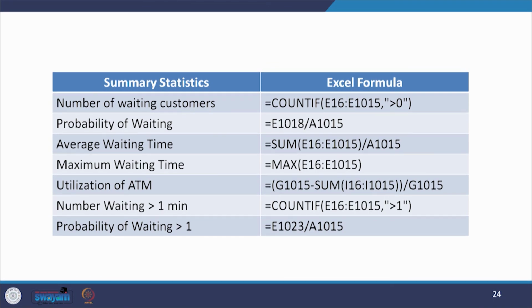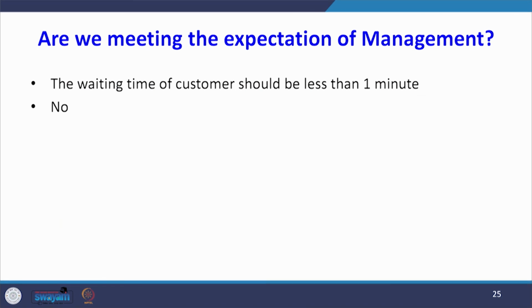So, here I have shown the Excel formulas for finding the different summary statistics. Are we meeting the expectation of the management? What is the expectation? The average waiting time of a customer should be less than 1 minute. But just now we have seen that most of the time the average waiting time for 1000 customers is more than 1 minute.